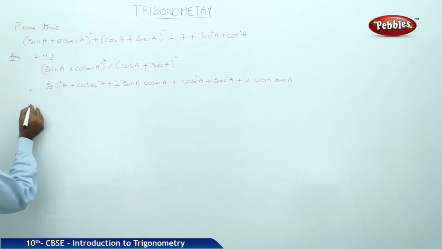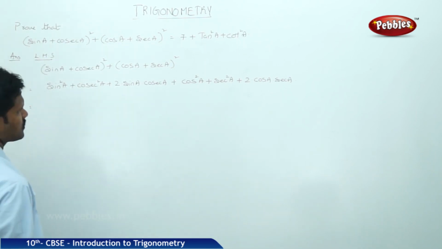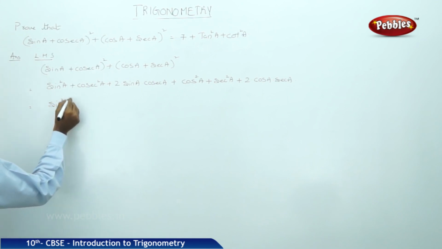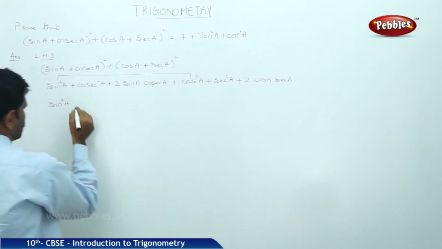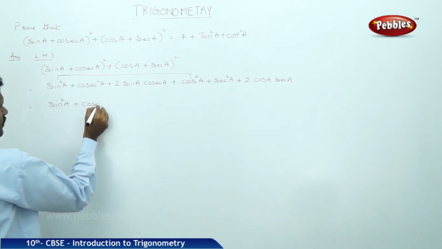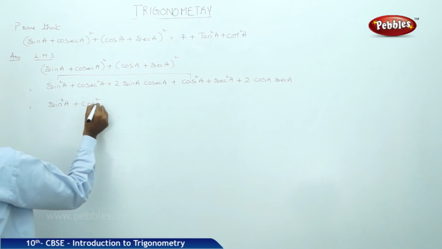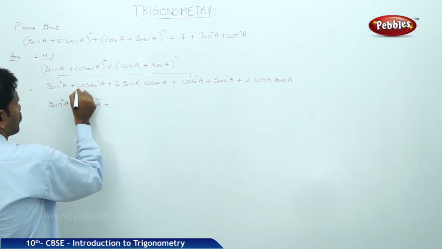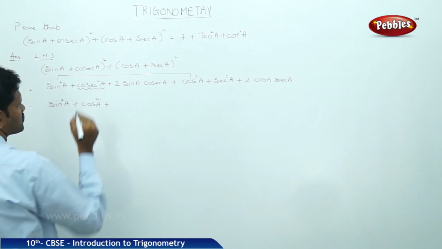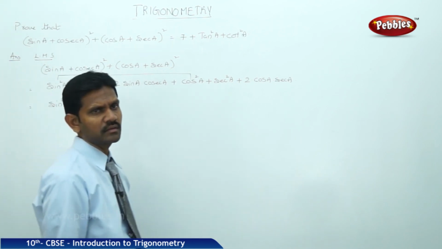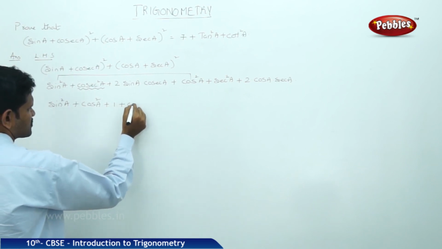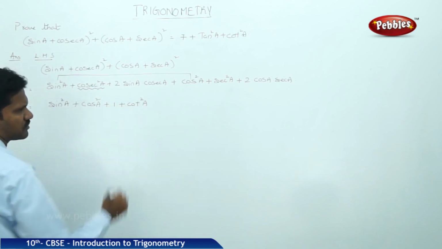Now write in order: sin square A plus cos square A, plus cosec square A, nothing but 1 plus cot square A from the identity.